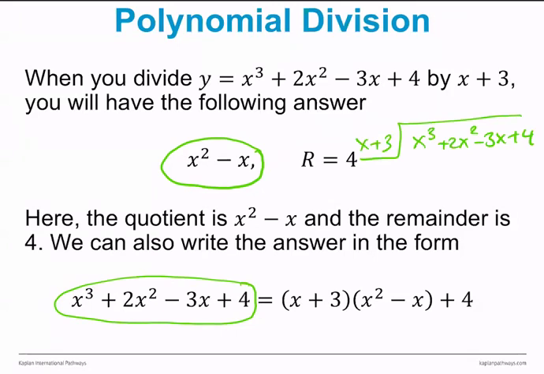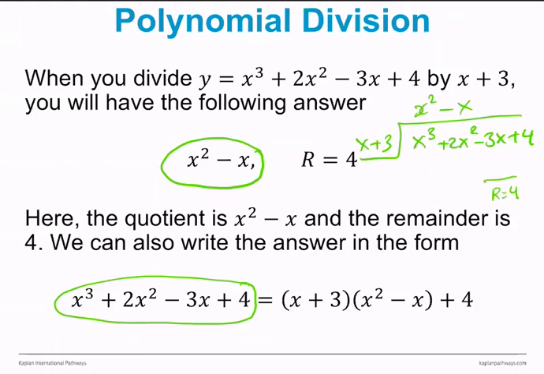When you divide this by that, you will get the answer as x squared minus x, that's the quotient here. I'll show you how to do it. And there will be a remainder equal to 4.